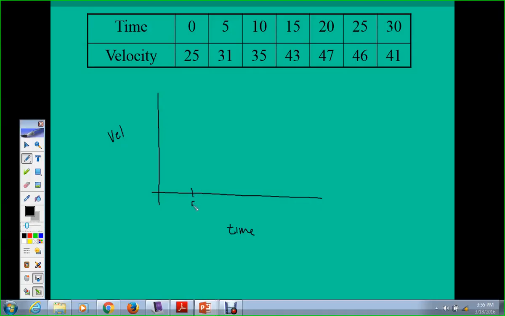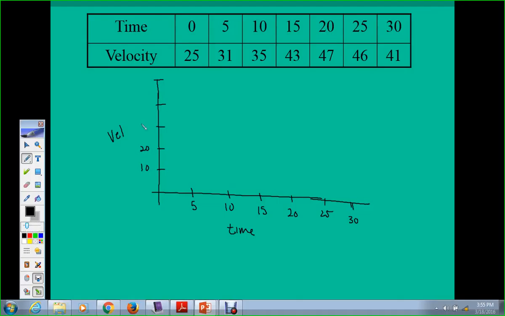So I'm going to say this is 5, 10, 15, 20, 25, and 30 seconds. And then let's plot those points. I'm going to make a unit of, let's say, 10, 20, 30, 40, and 50.